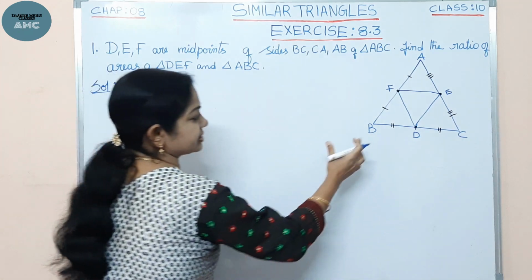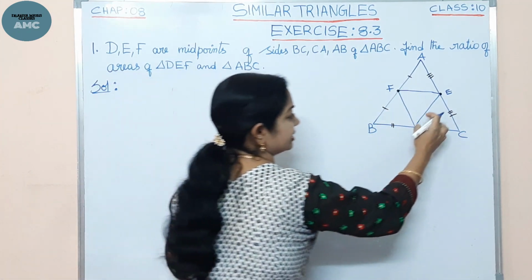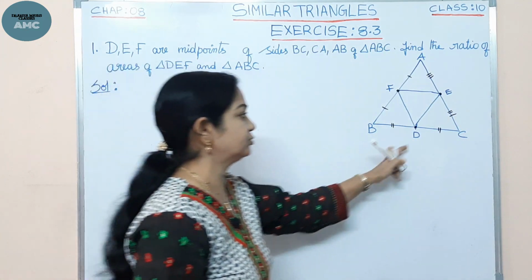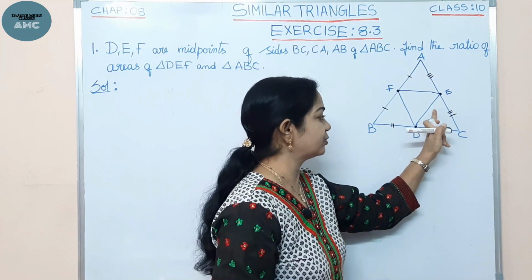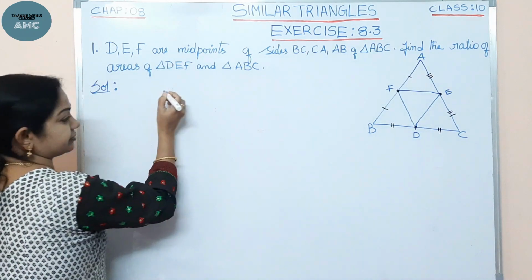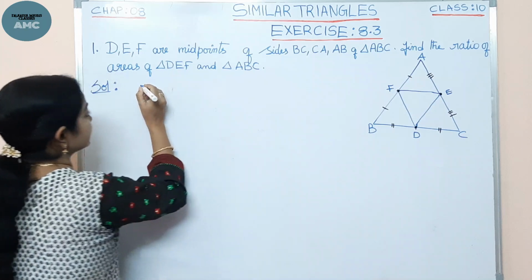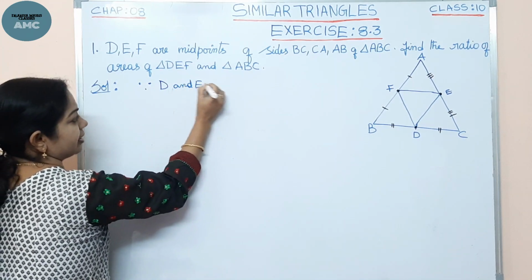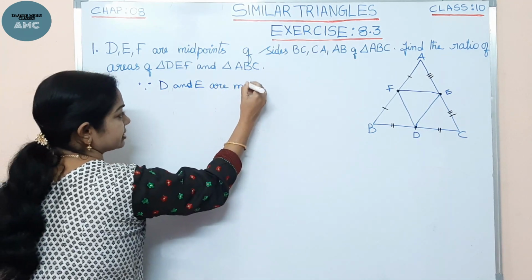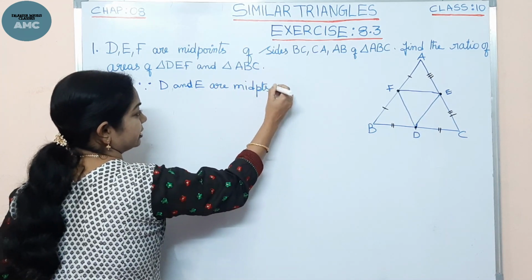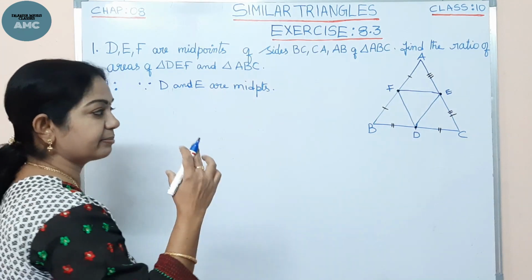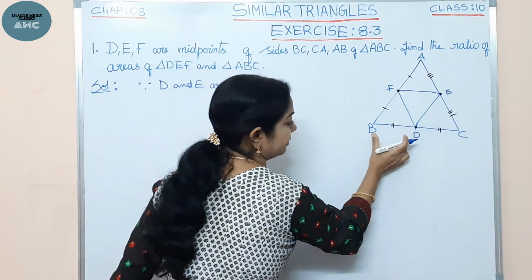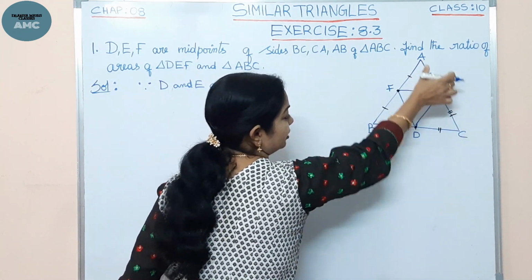Now let us take one side, let me suppose the DE side. I'm joining these two, so we got this triangle. Here, since D and E are midpoints, I can say that if D is a midpoint, BD by DC is equal to AE by EC.